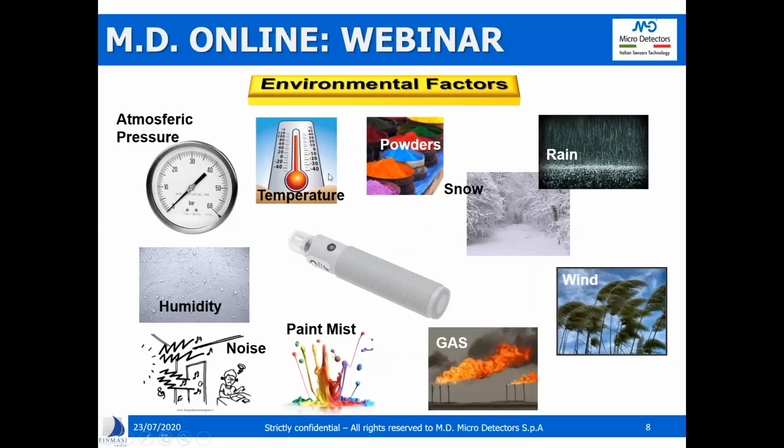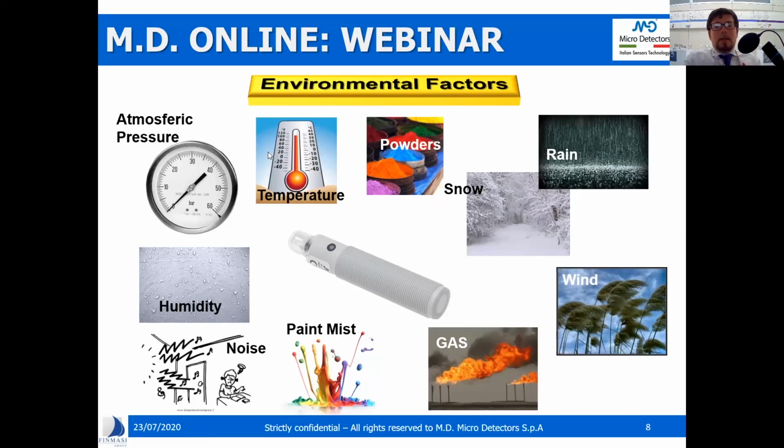We can continue with the environmental factors, and we can see how the environment can affect the behavior of an ultrasonic sensor. Why? Because, as I said, the ultrasonic waves are transmitted through the air, and the characteristics of the air are so important in the transmission of the sound itself.